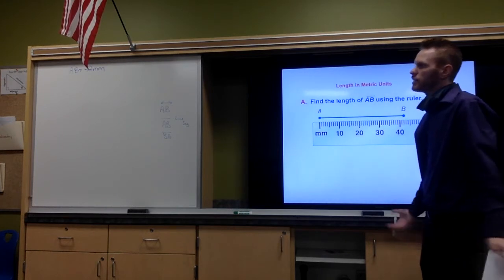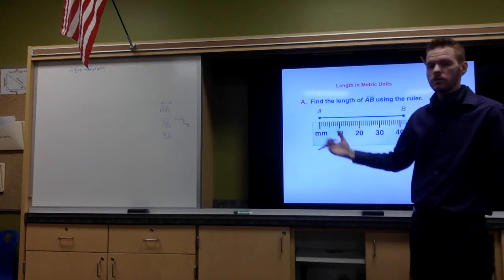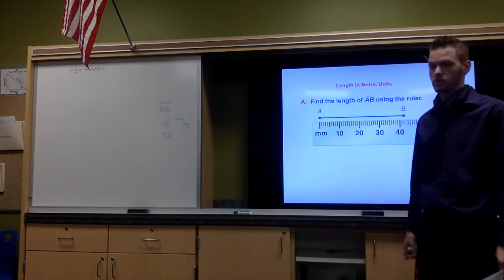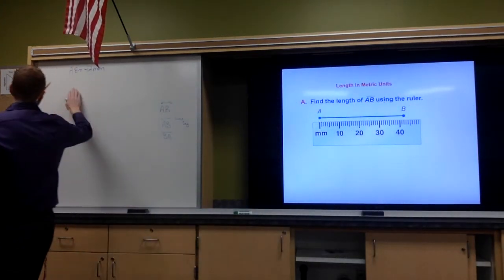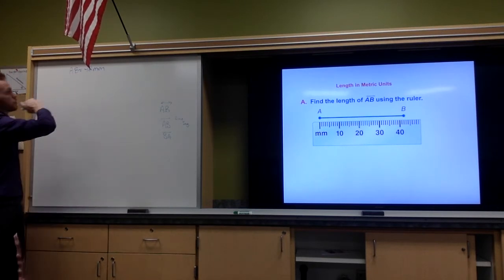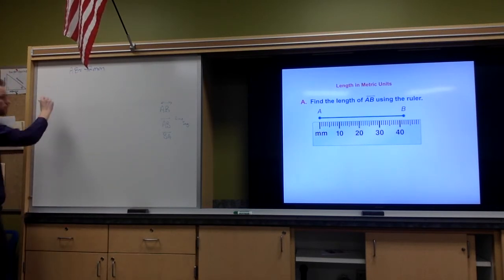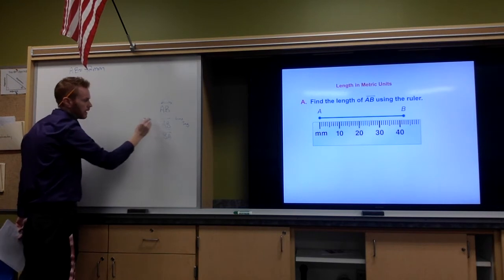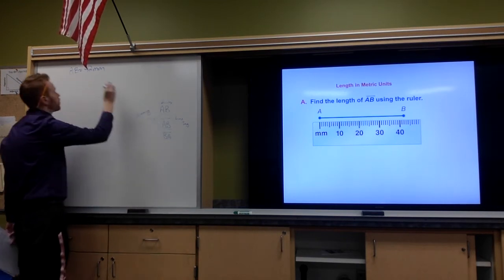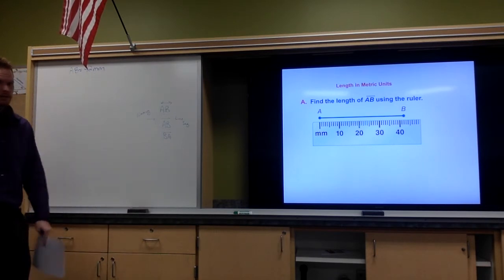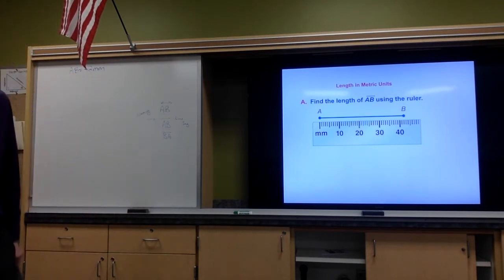Typically, when you're not using the symbol, you're talking about measurement. So I can still say line segment AB is 42 millimeters, but I'll use the bar if I'm naming it. So you need the bar if you're naming. Without the bar, you're talking about a distance. That's a good distinction.